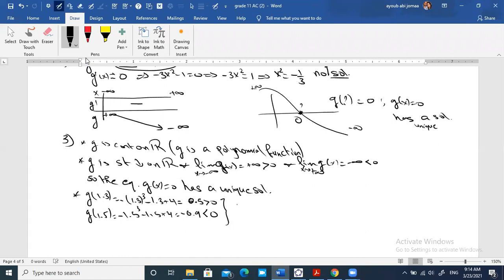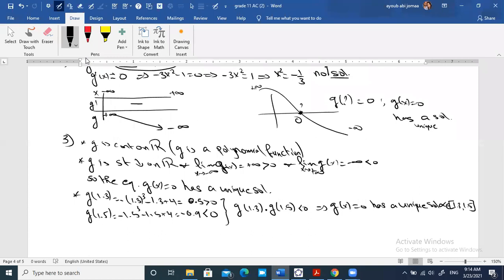So the product g of 1.3 times g of 1.5 is negative. It means that g of x equals 0 has a unique solution alpha in the interval 1.3, 1.5.